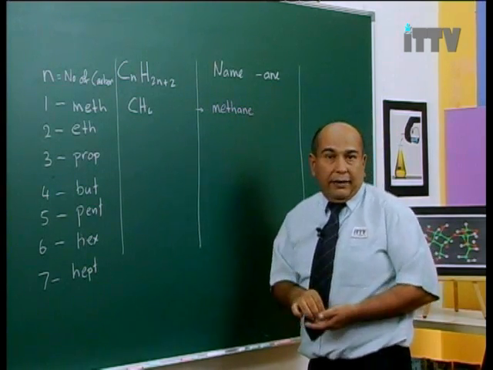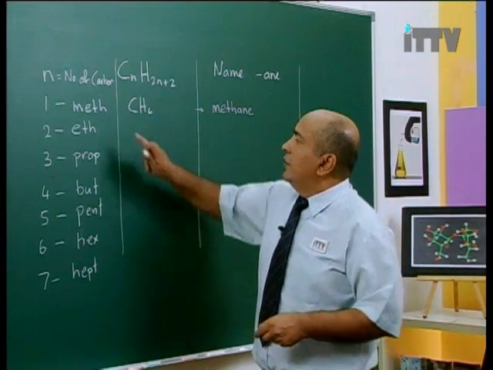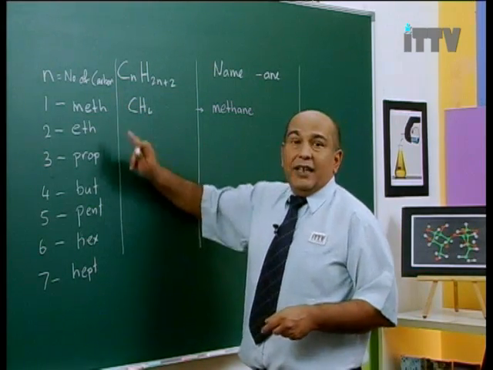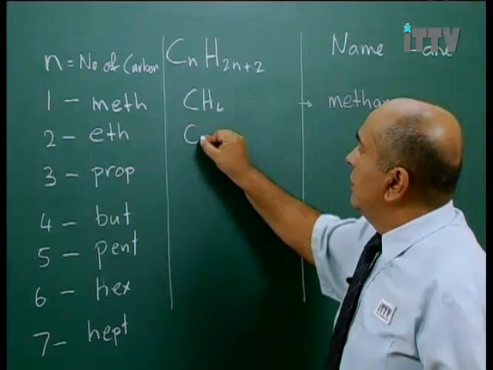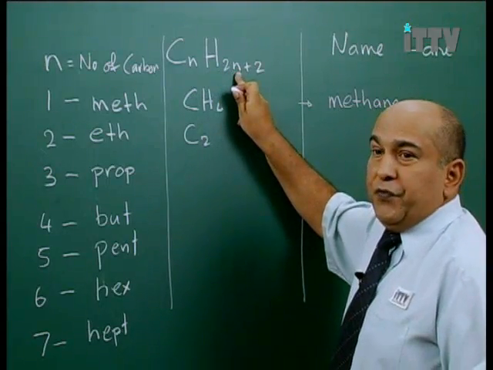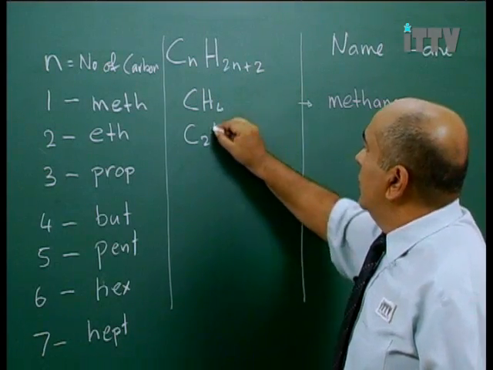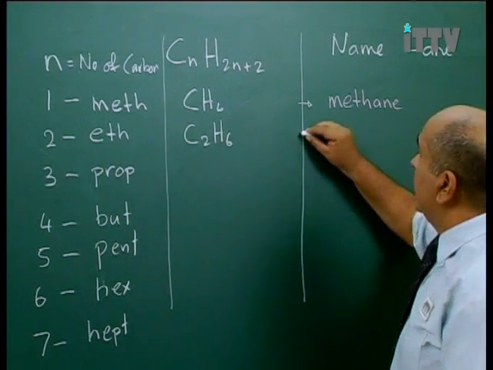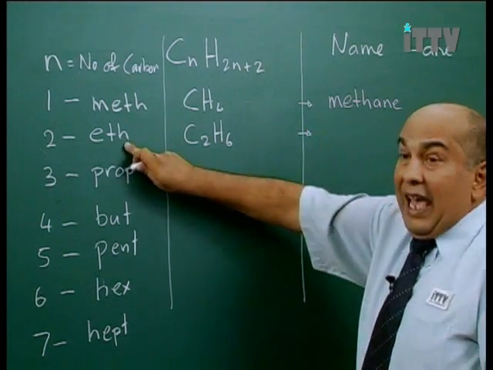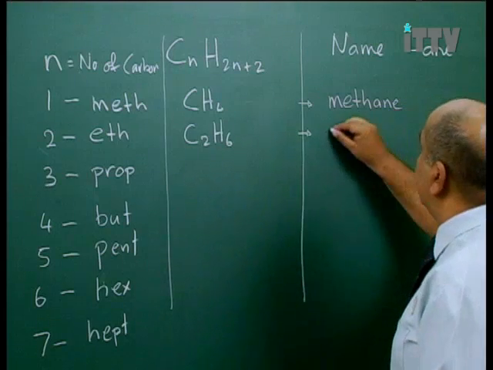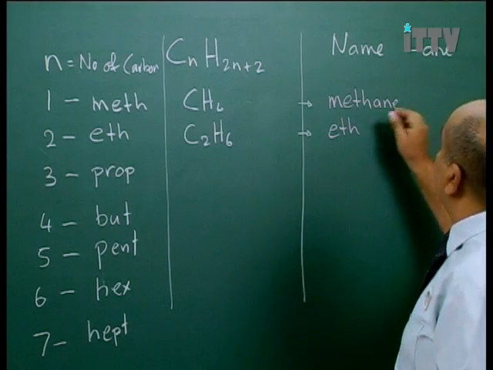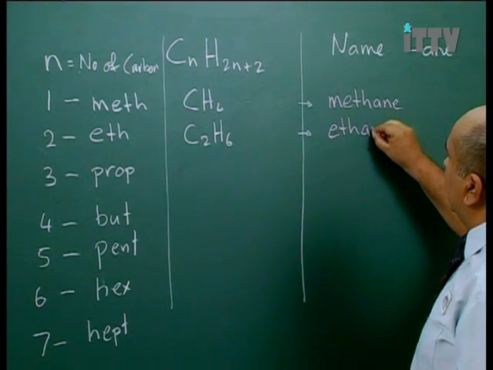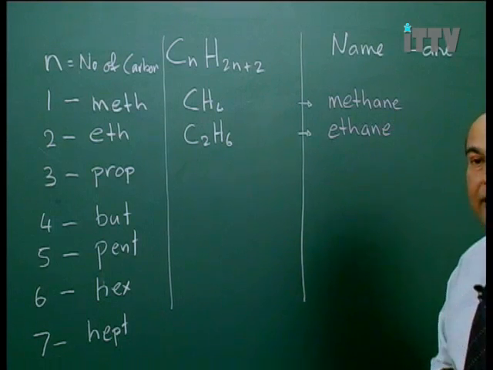Now let's try eth. Eth is 2 carbons. So if we use the formula, we get C2H, 2 times 2 is 4, plus 2, we get H6. The name, we take eth, which means 2 carbons, and we add ane at the back. So we get ethane.